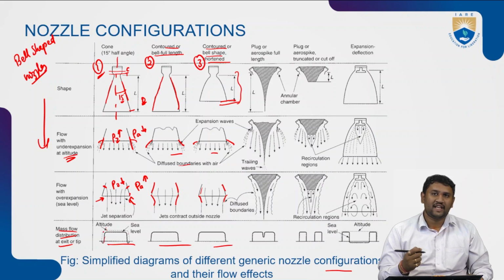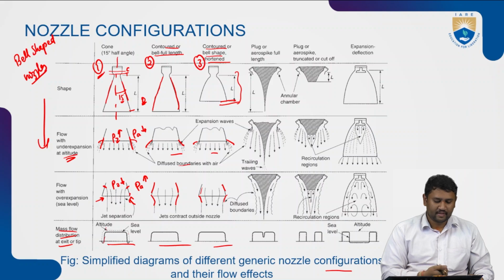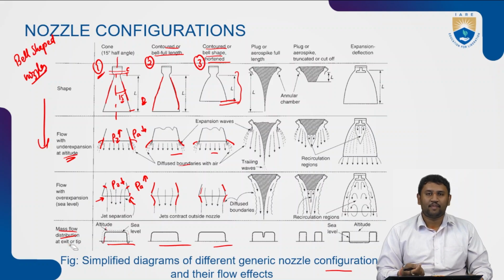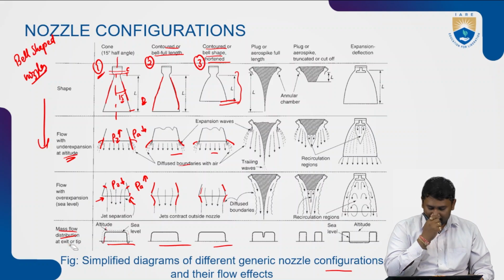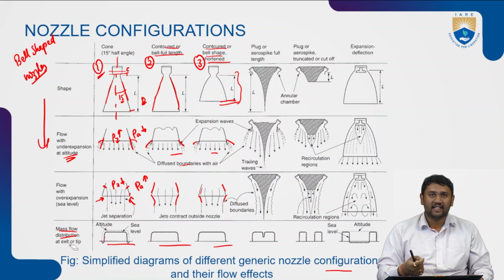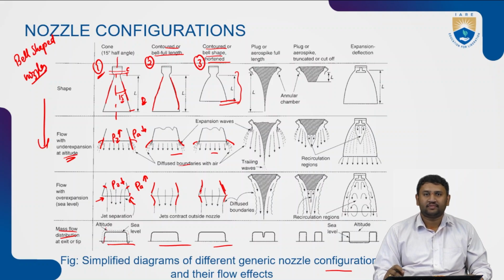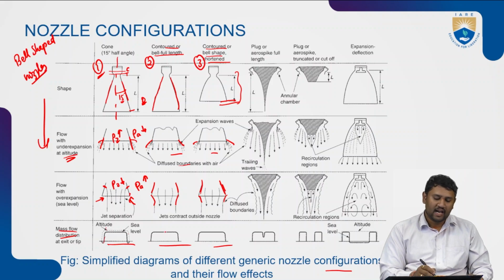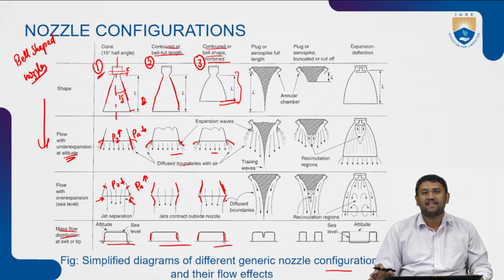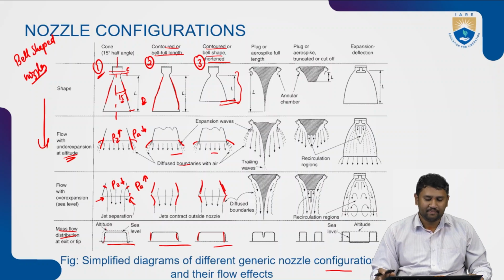There will be a small variation in mass flow rates at the tip, right? At the exit or at the tip of the nozzle with respect to the areas where it is working. Now, coming to the other, if you are having a bell type of nozzle, particularly the divergent section, at that time the output mass flow or the mass flow distribution along the nozzle edge or the nozzle exit remains the same.